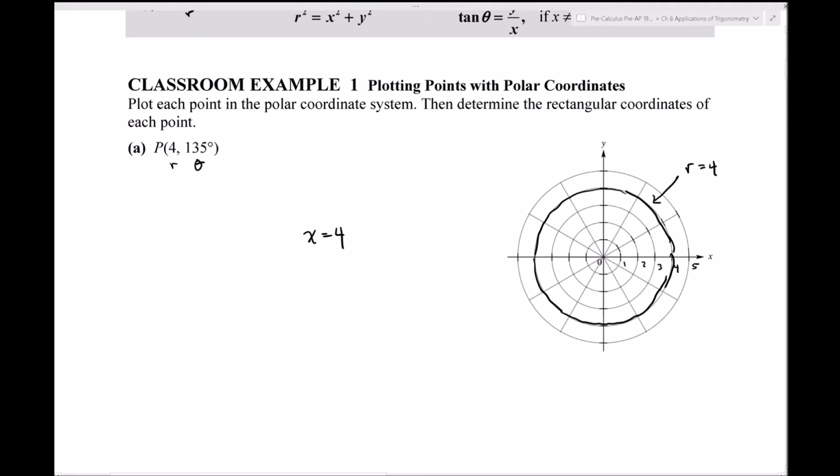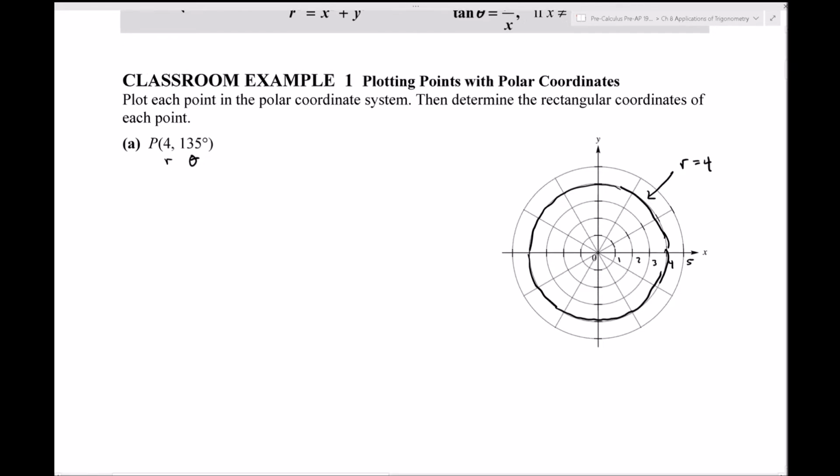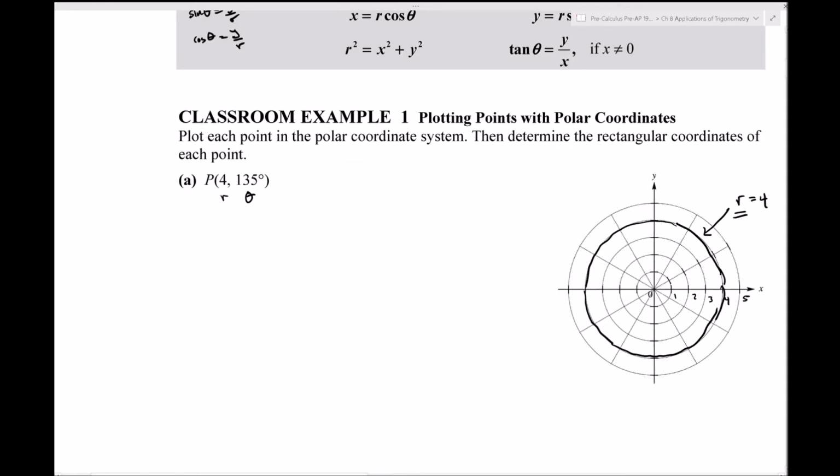If instead I set y equal to 4, that's a horizontal line that crosses the y-axis at 4. So in polar coordinates, if I set one of the variables r equal to 4, it's a circle, not a straight line. So that's kind of cool in polar. An equation like that, r is equal to 4, defines a circle. And what it literally means is find the circle with a radius of 4, centered at the pole. Not the origin, but centered at the pole.